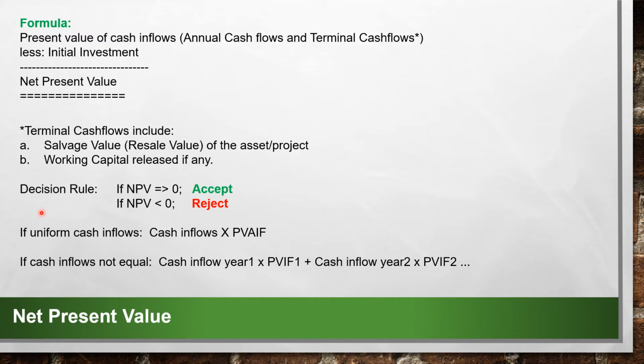A positive net present value means that our present value of cash inflows is greater than our cost of investment. That's why it is positive. For example, 2 minus 1 is equal to positive 1. That means our benefits are heavier than the cost.